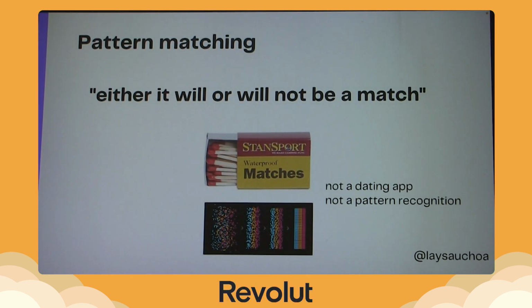So what is pattern matching? In computer science, there are different ways of thinking about pattern matching, or even matching. But in Python, when we talk about this feature, you have to keep in mind that it will or it will not be a match. It's different from dating applications, because you can have so many matches there, and in the end you don't have any real-life match.